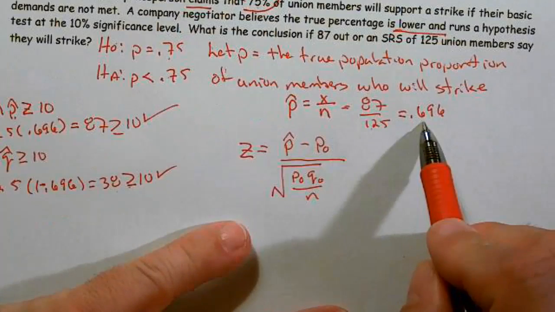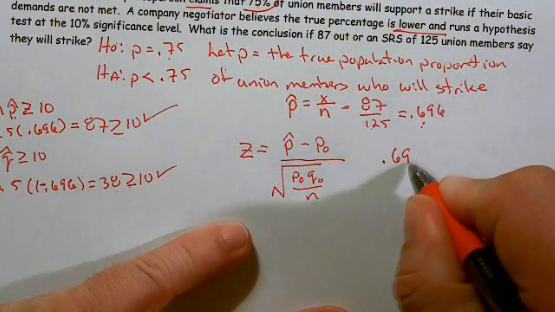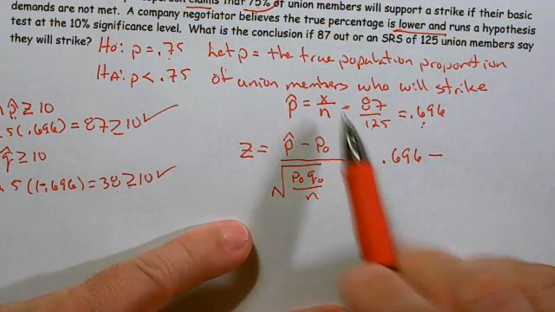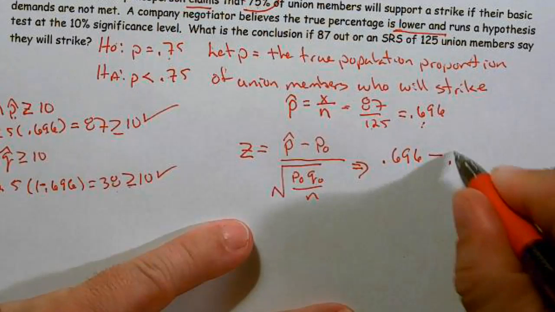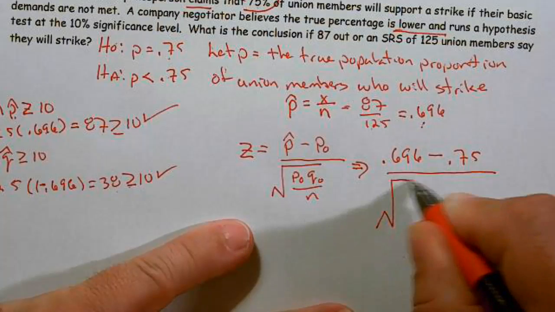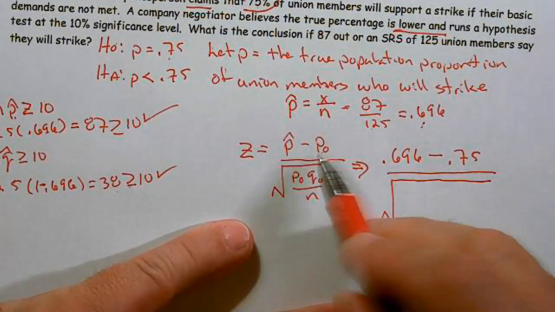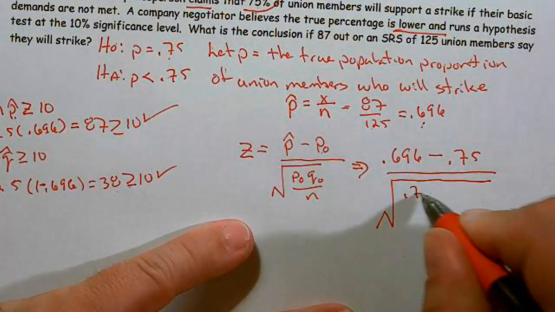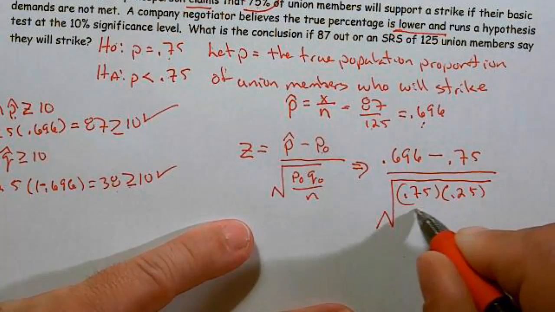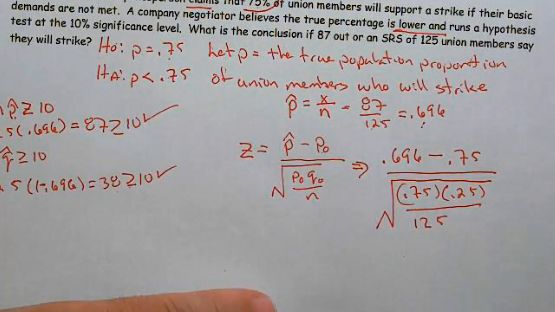Well, we already calculated p hat, so this is going to be 0.696 minus the 0.75 over, now be real careful, this is where it's easy to make a mistake. These values have to be the same. So this is going to be 0.75, this is going to be 0.25, and my sample size was 125.